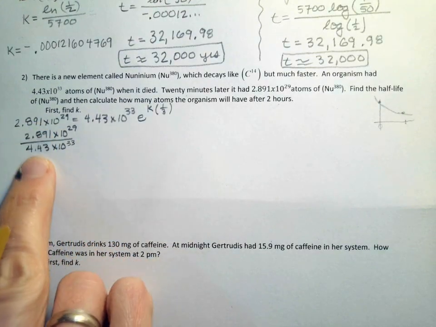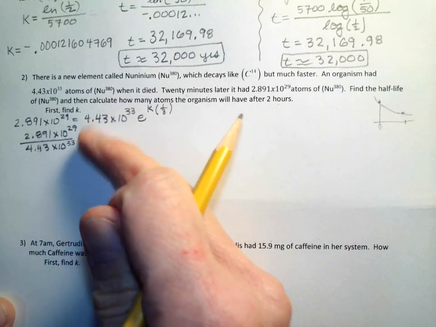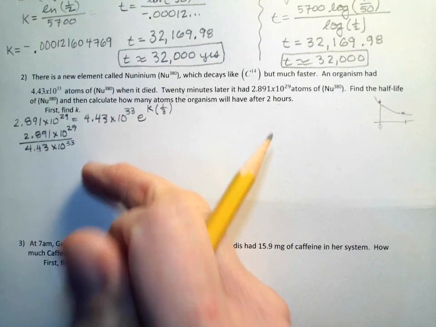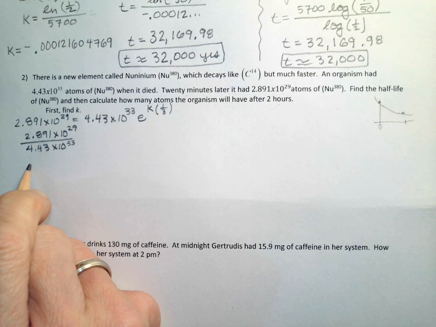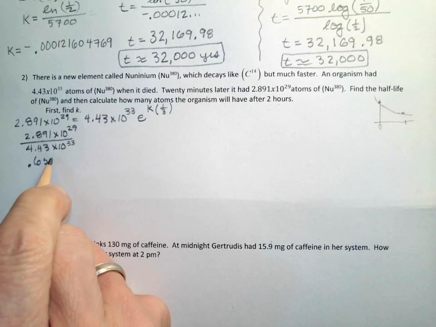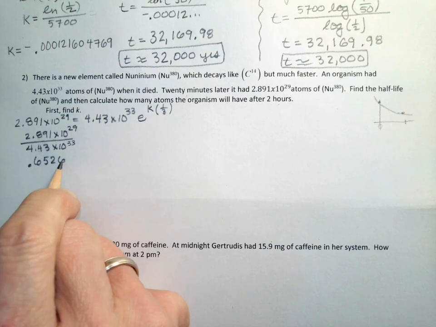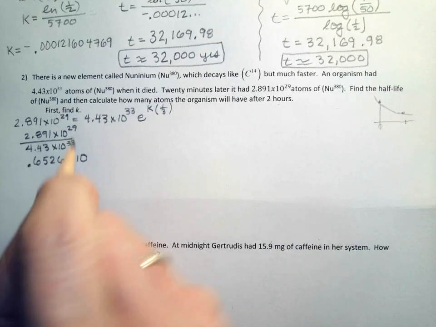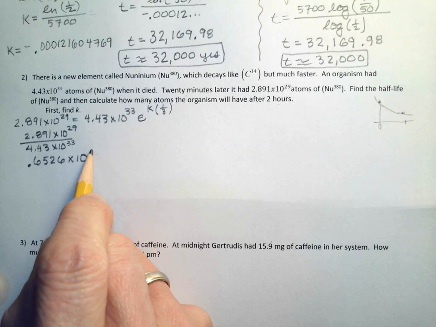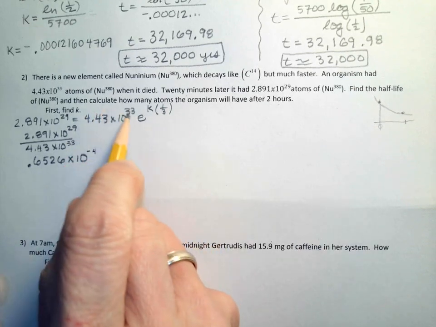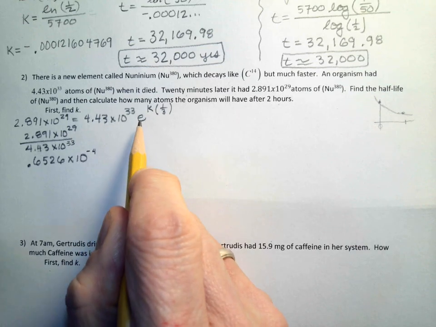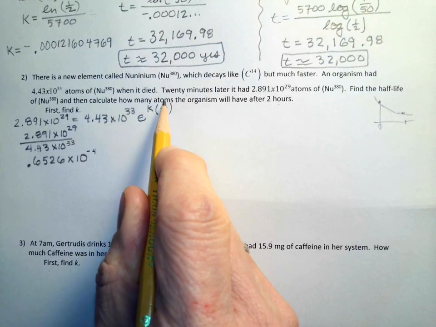I can divide these, and then I can subtract these exponents. So when I do that, I get 0.6526 times 10 to the, I subtract these, I get -4. All right, so I've divided both sides by this stuff. I'm left with e to the k times 1/3.